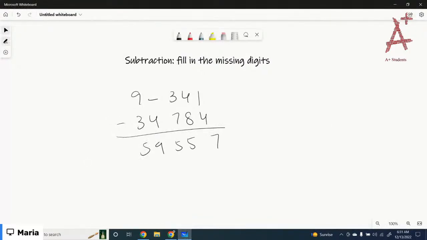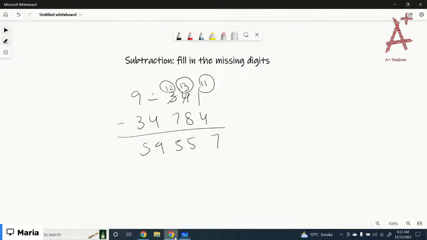Okay, start subtracting from the rightmost digit. You cannot subtract 4 out of 1, so you have to borrow 1. 11 subtract 4 is 7. Here you have 3. You cannot subtract 8 out of 3, you have to borrow 1. It would be 13. 13 subtract 8 is 5. Okay, you cannot subtract 7 out of 2, that means you borrow 1 from this number. It would be 12. 12 subtract 7 is 5.